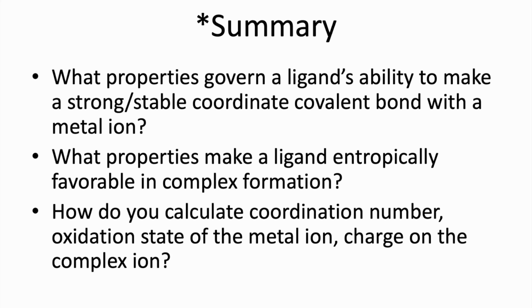Oxidation state of the metal ion, I'm going to calculate by looking at the charge of the overall complex ion and then subtracting out the charge of any of the ligands. That'll give me the oxidation state or charge on the metal ion. To get the charge on the complex ion, I just look for the counter ions and how those play out.